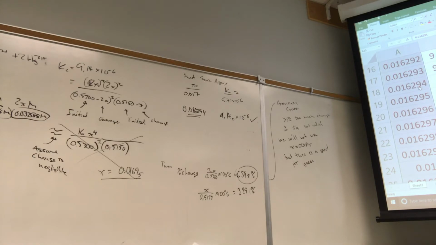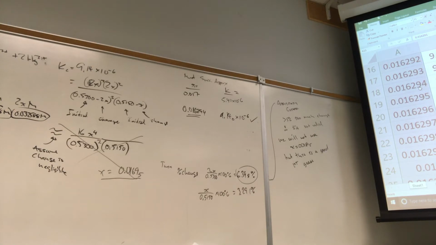The percent reaction of the iron 2 is 0.032588 divided by 0.53 times 100. 6.148% reaction of the iron 3 plus. How much of this reacted?